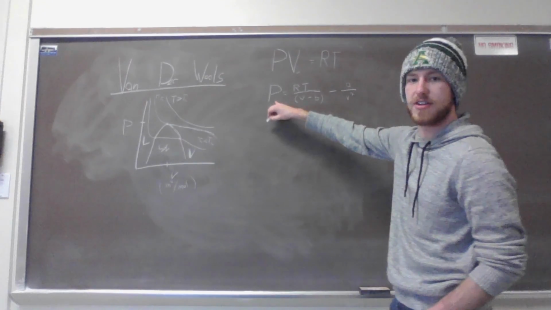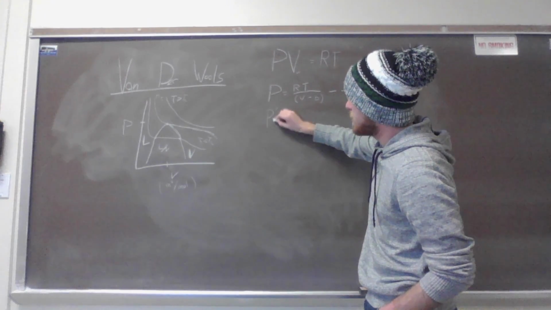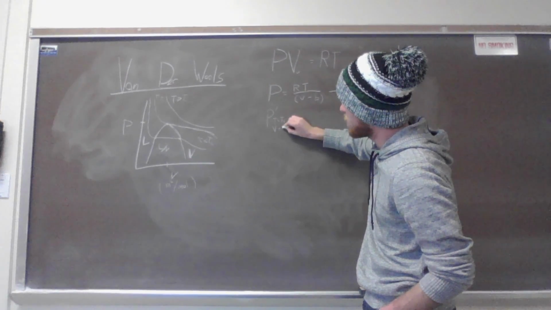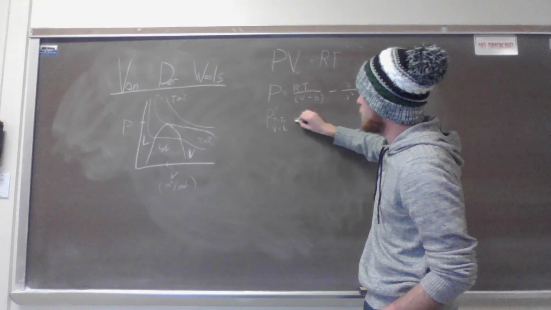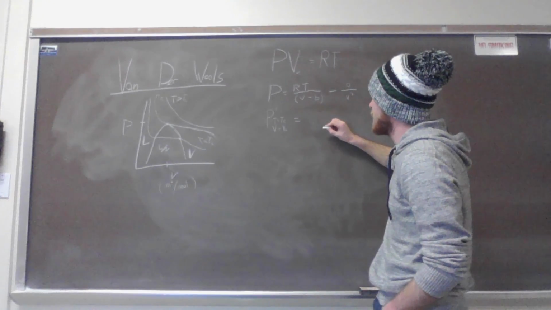So we know that the derivative of this equation, P prime at T equal to TC and V equal to VC. It's going to take me a second to calculate this out right now.